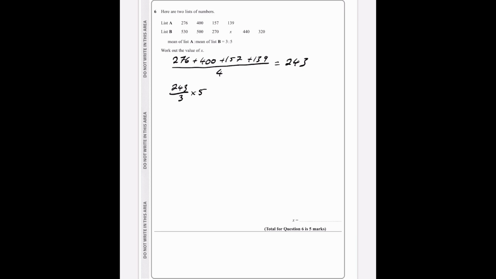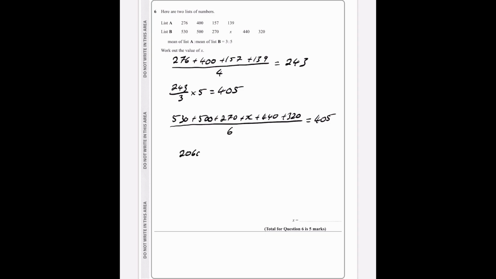So if I divide 243 by 3 and then times it by 5, it gives me the mean of list B, which is 405. It allows me to construct an equation for calculating the mean of list B. So I sum together all of the values inside it, divide it by 6, because there are 6 values, and I know that that calculation is going to come out at 405.